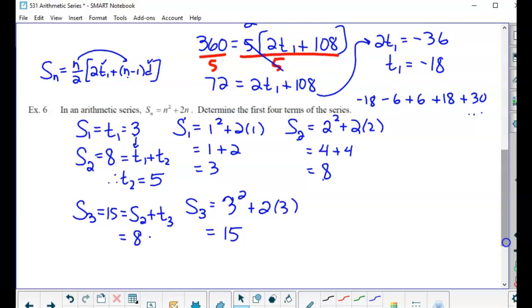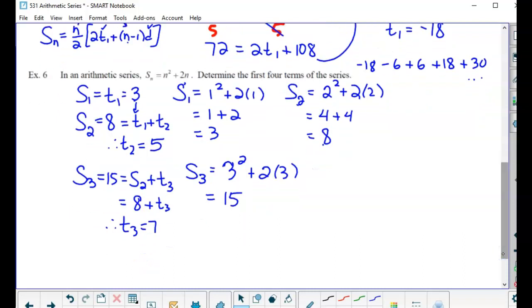So 8 plus T3 has to give us 15. Therefore T3 has to be 7, which is what we predicted anyway. You keep adding 2. So from there, I'd say T4 equals 9.